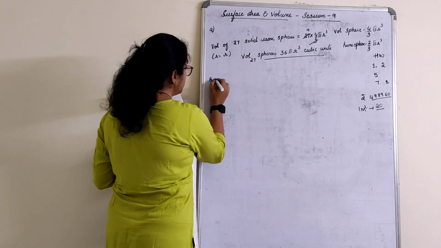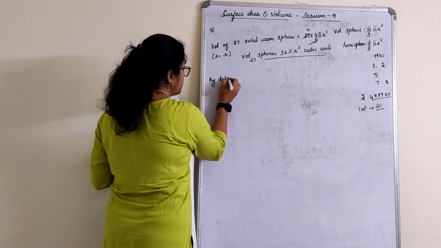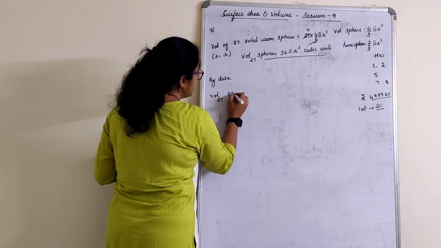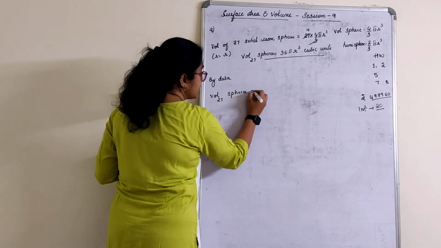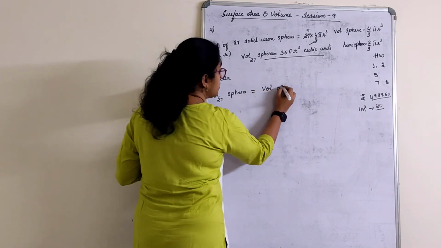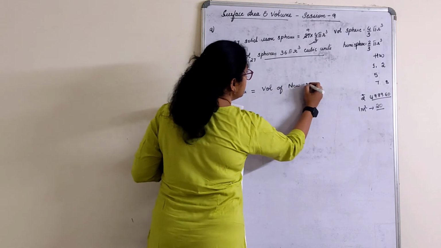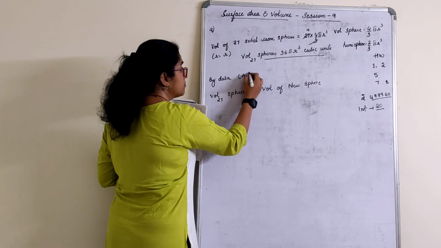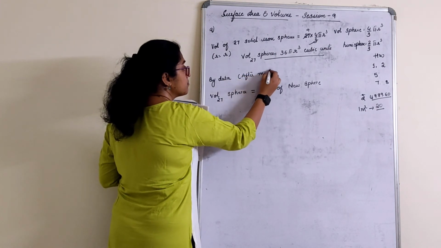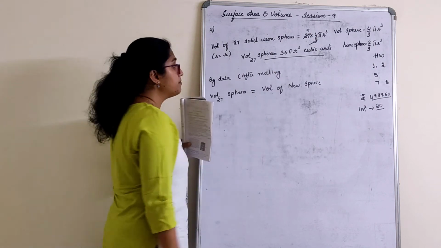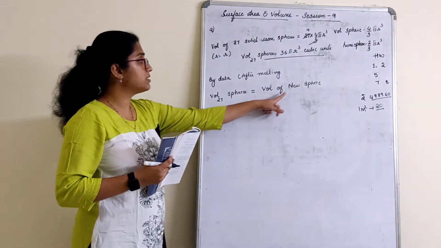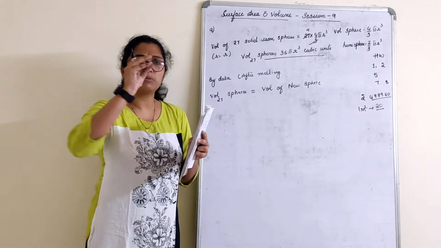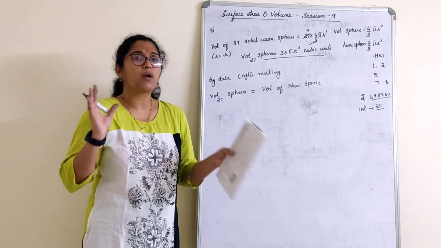By data, the volume of 27 spheres is equal to the volume of the new sphere, because I melted all those 27 small spheres and made one big new sphere.